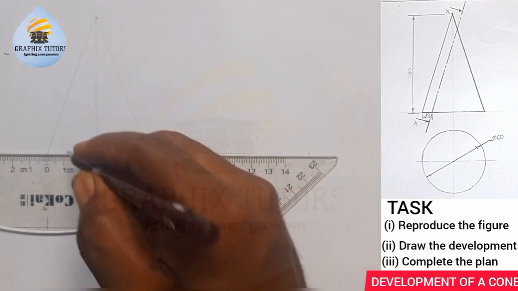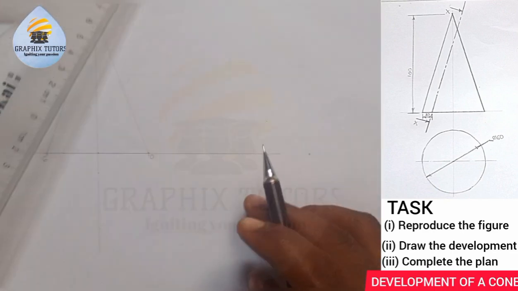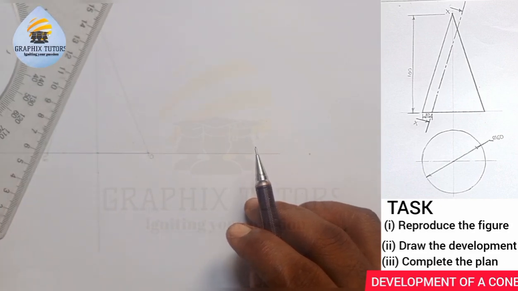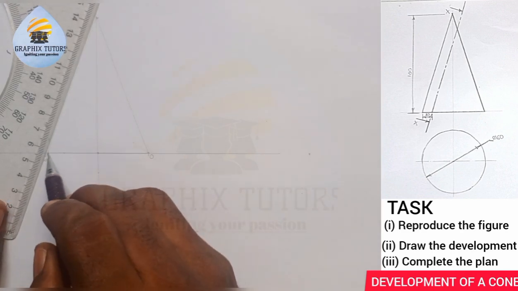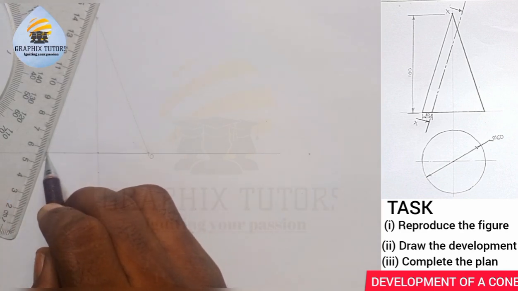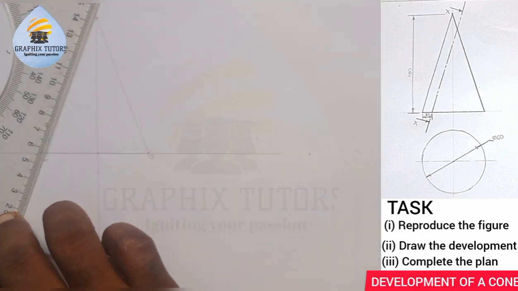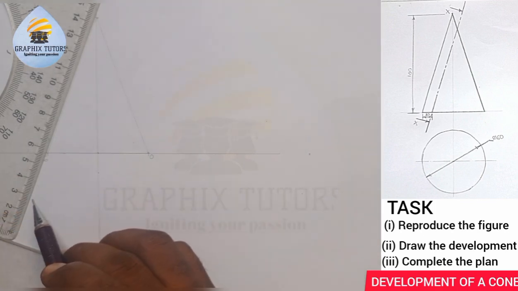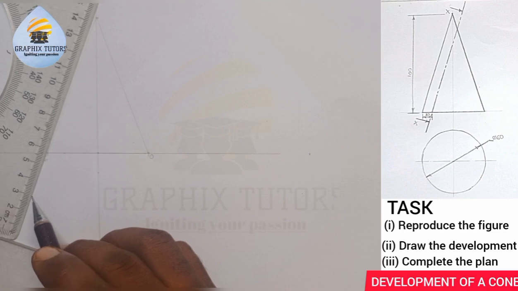Once I've marked that point, I'm going to place my instrument this way, along that path. Then I'll take another ruler and place it at the bottom of it, and I'll move it.